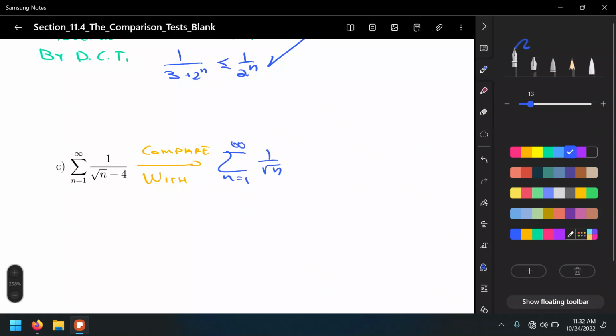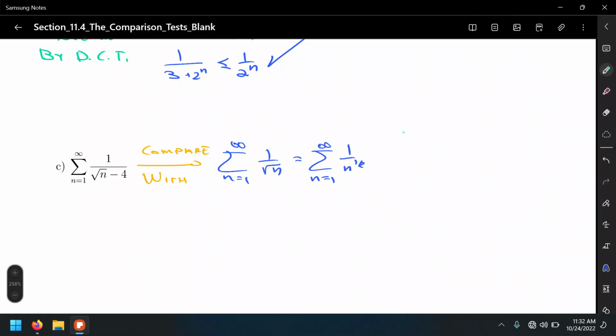Again, I'm neglecting the lower degree term, which in this case is the minus 4, that constant term. This is the same as saying the sum from n equals 1 to infinity of 1 over n to the 1/2, and this is a divergent p-series.